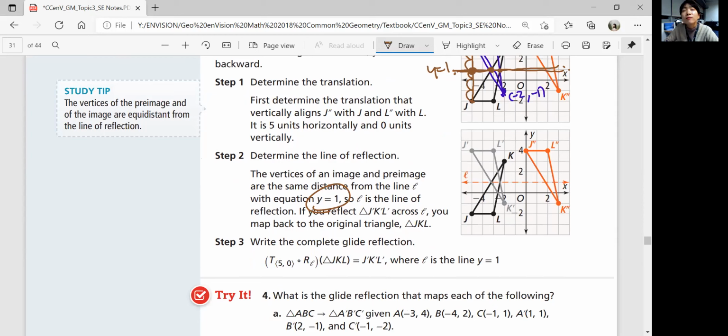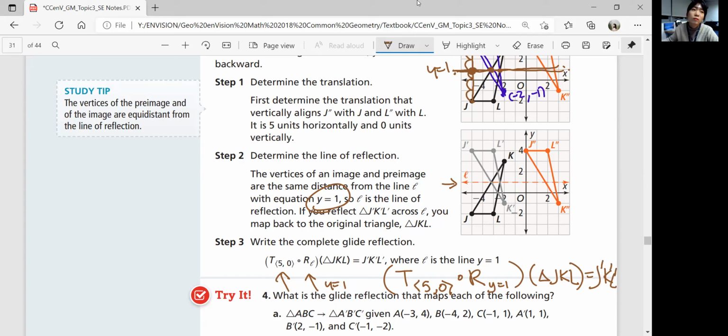So translation of 5 units to the right would be this, after reflection across line L, which is over here, which is Y equals 1, right? So to be more specific, let's write translation T sub 5, 0 of R sub Y equals 1, parentheses, and then parentheses again for triangle JKL to end up at J'K'L'.